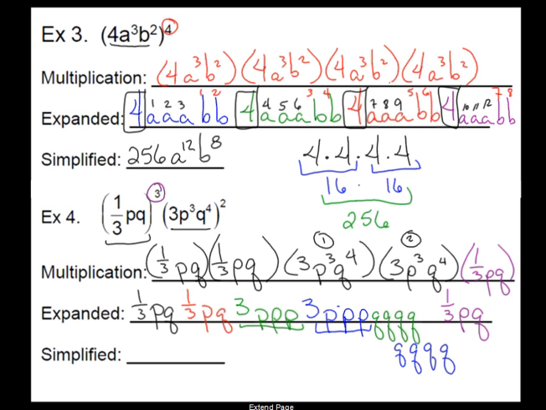I need to go through and collect my numbers first. Looking at my numbers, I have 1/3, 1/3, 3, 3, and 1/3. That's what I need to be multiplying together. So I have 1/3 times 1/3 times 1/3.